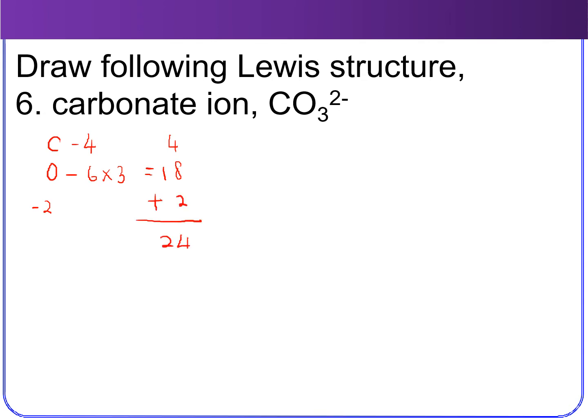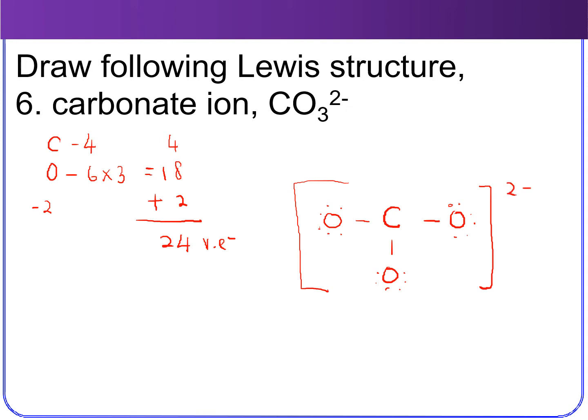Total is 24 valence electrons. This time carbon is the central atom, so it is going to be bonded to 3 different oxygens. Each oxygen needs to be octet as usual. Don't forget the charge.